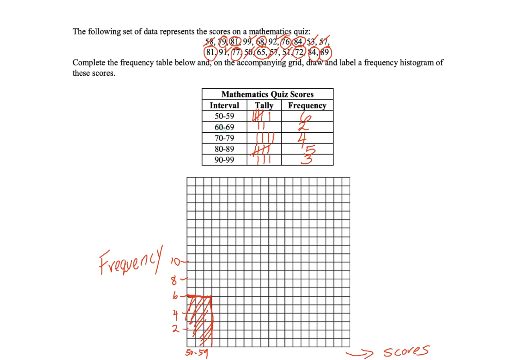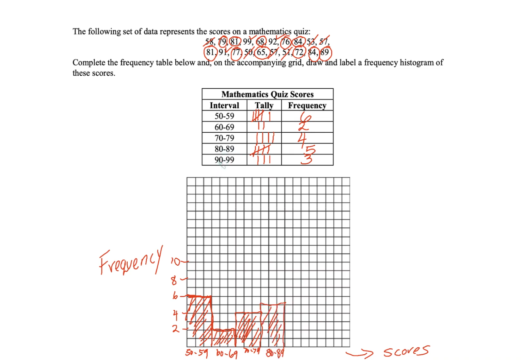The next one is 60 to 69, and that's only 2. Again, the bars have to be evenly spaced. So let's shade that. 60 to 69. Okay, 70 to 79 is 4, and we're going to shade that. The next one is 80 to 89, which is 5.